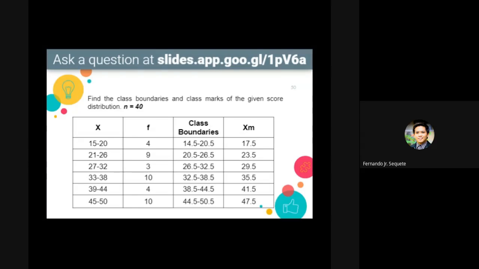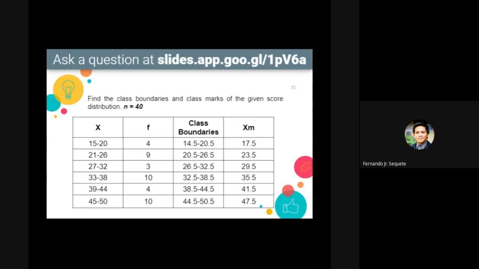So let's try to count kung 40 ba yun. We have 10 plus 10, we have 20 plus 4, 24 plus 3, 27. Plus 4, we have 31. 31 plus 9, 40.